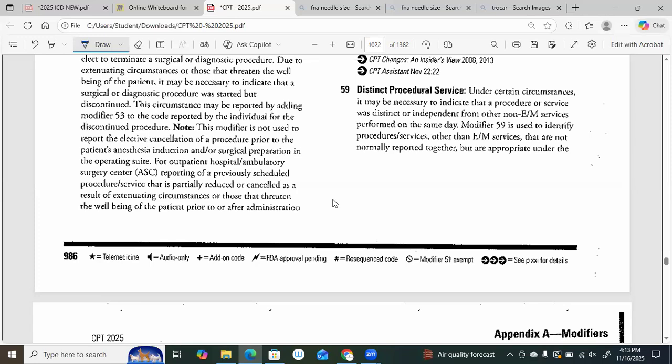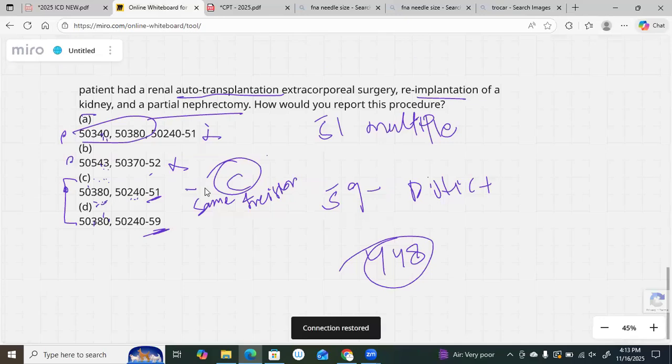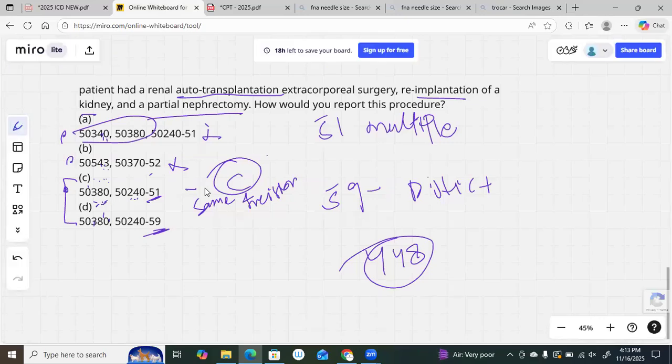Okay, what else? How have we identified that this should not be distinct and should be multiple? Why have we decided this? Because here it is a renal transplantation, and then it is reimplantation at the same site, but multiple procedures are done.